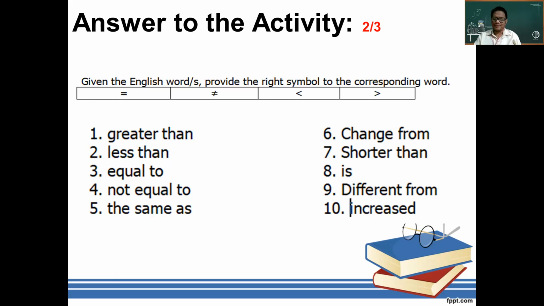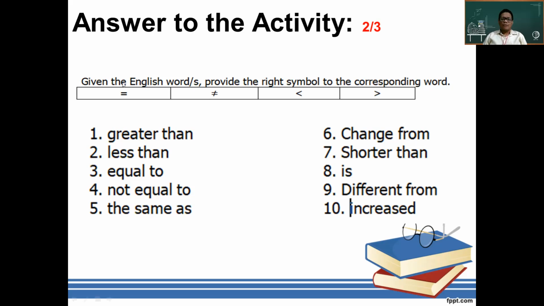Let's check. Okay, for group number 2 or the second activity, we have here 10 basic English words, or words that can be translated into mathematical symbols. So we have here 4 symbols.